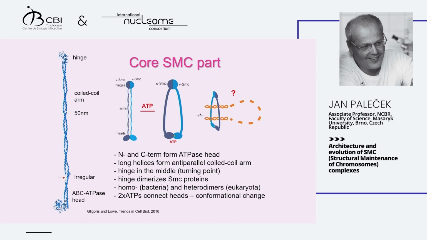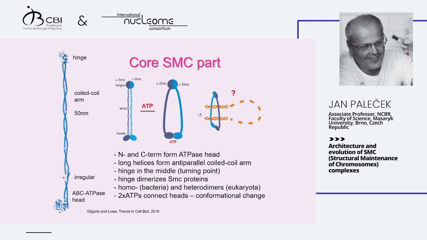You can also see this very long arm, which is composed of two very long helical segments, which make an antiparallel coiled-coil structure. And here is the hinge domain, which is responsible for the dimerization of the two SMC proteins. They can also dimerize through alignment of the arms, but it's only when ATP is not present.